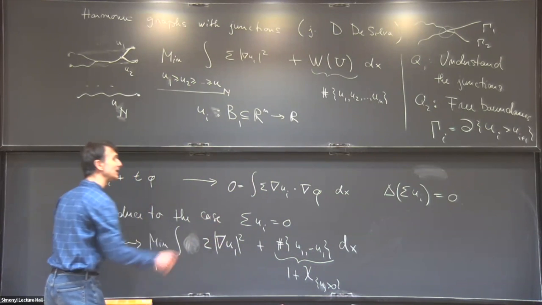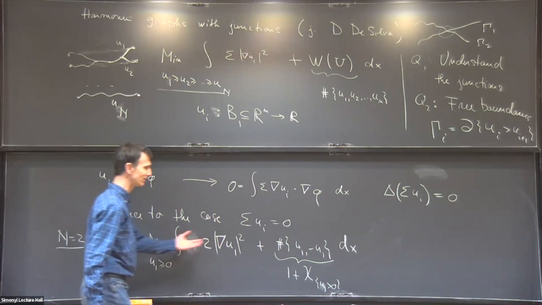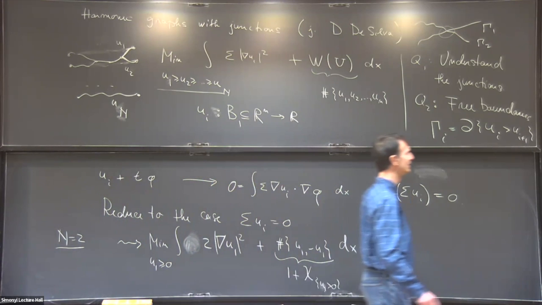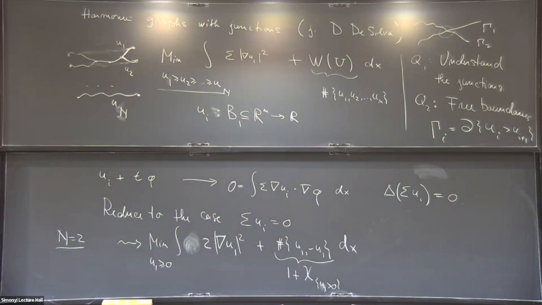So this problem, let me rewrite it here, is known as the one-phase free boundary problem. Up to a constant, you want to minimize the energy, gradient of u squared plus the characteristic function of the set where u is positive.